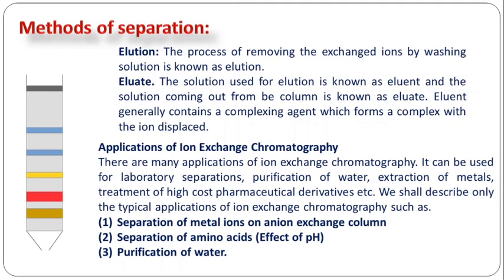We shall describe only typical applications, such as separation of metal ions on the anion exchange column, separation of amino acids, that is the effect of pH, and purification of water. These are the three applications included in our syllabus.